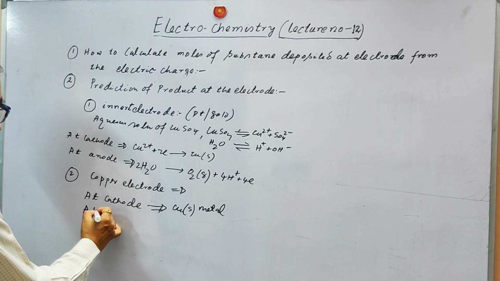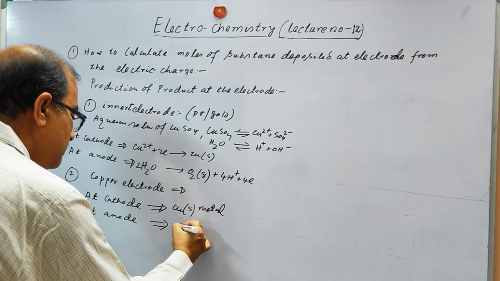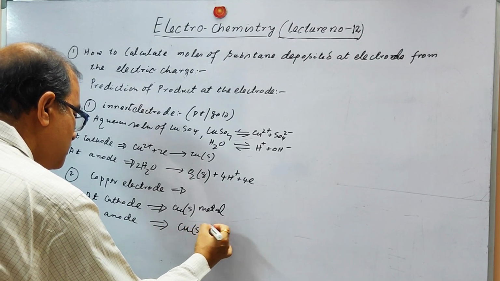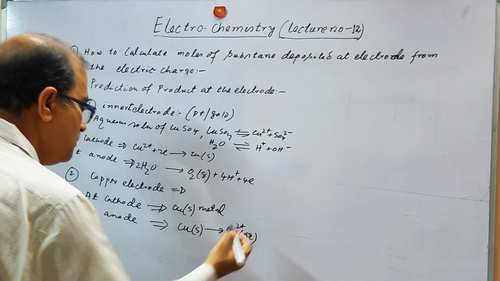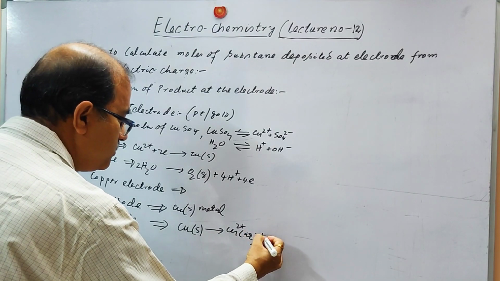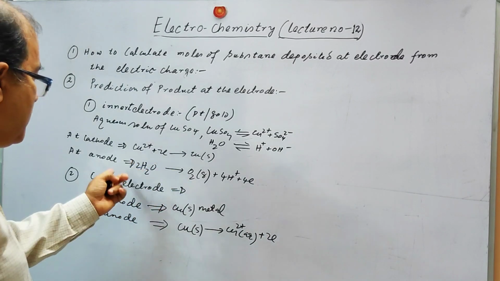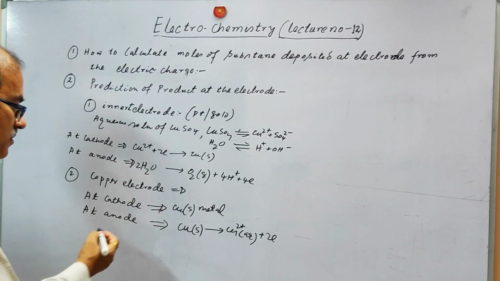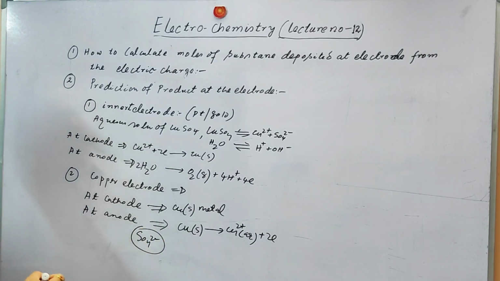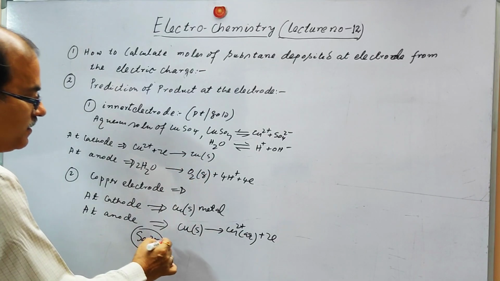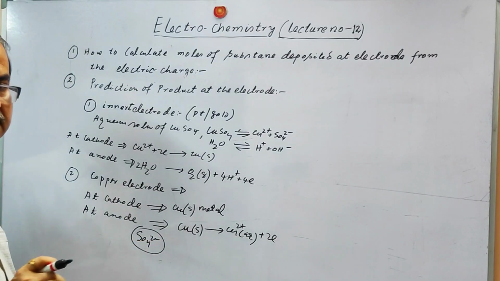But at the anode, copper metal will be oxidized, and the product will not be oxygen. The copper metal will be oxidized, it becomes cations and goes into the solution.